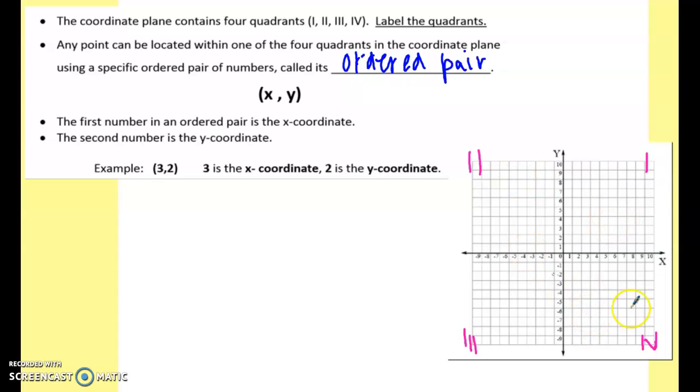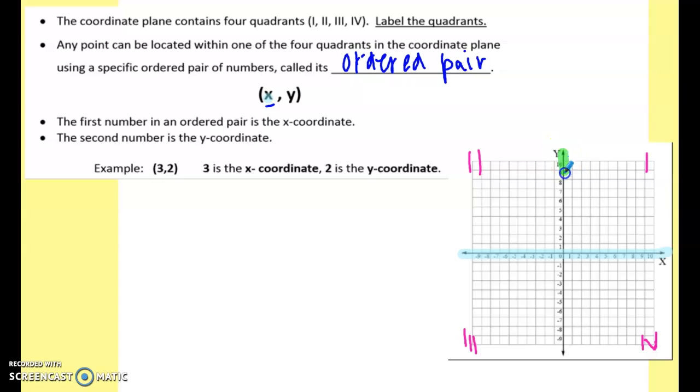You can describe their location by using an ordered pair, meaning that there is an order to how you list your numbers. X is the first number that you list, and if you remember, it is this horizontal number. So X is along that horizontal line. And then again, there's a vertical value or vertical location.